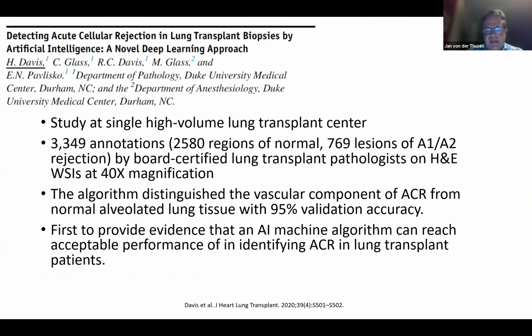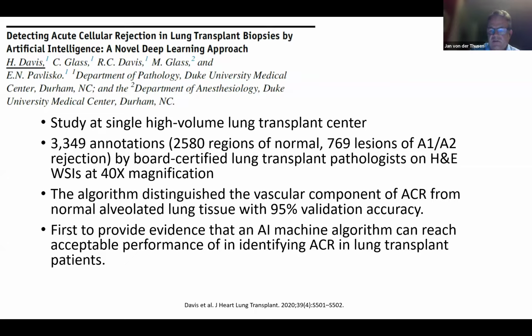Now, there are a couple of studies which have focused on lung transplant rejection in terms of artificial intelligence on whole slide images. One of them coming out of the Duke group, which was a single center study with over 3,000 annotations made in regions of normal and A1, A2 rejection on H&E whole slide images.